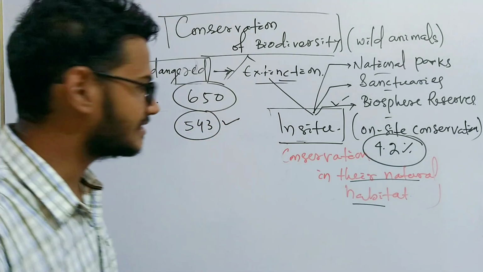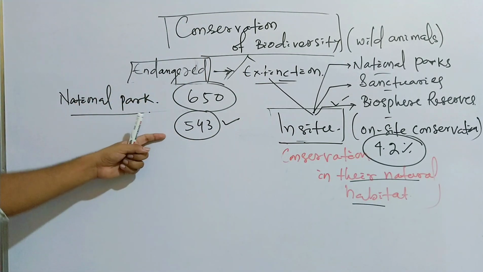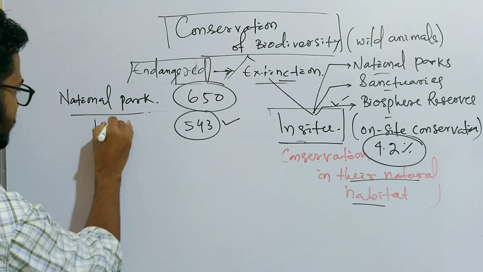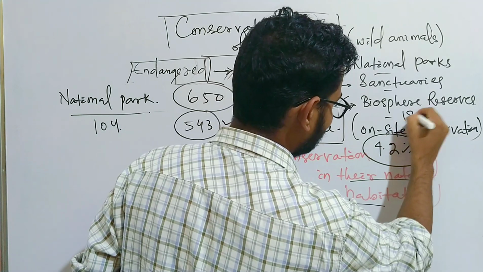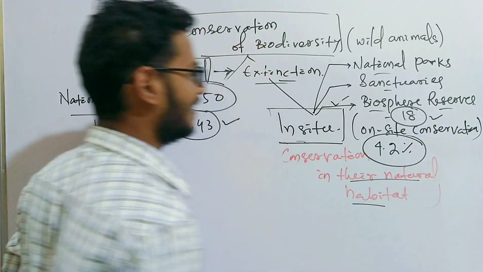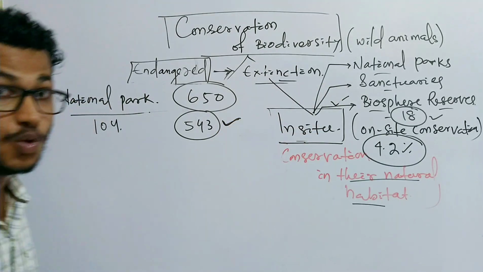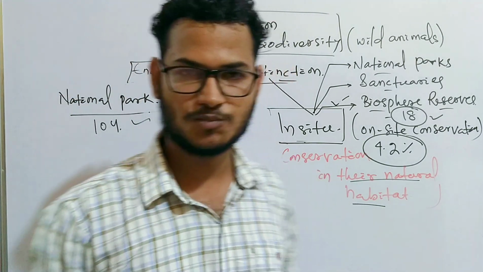As per the recent count, the total number of sanctuaries is 543, the total number of national parks is 104, and the total number of biosphere reserves is 18. Okay, so biosphere reserves in India are 18, sanctuaries are 543, and national parks are 104, right?